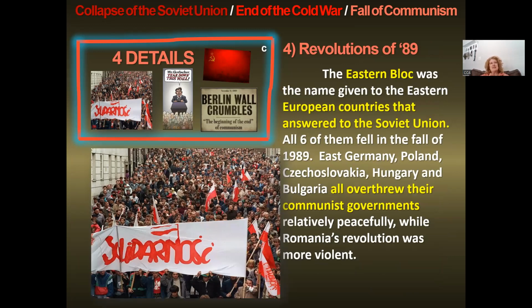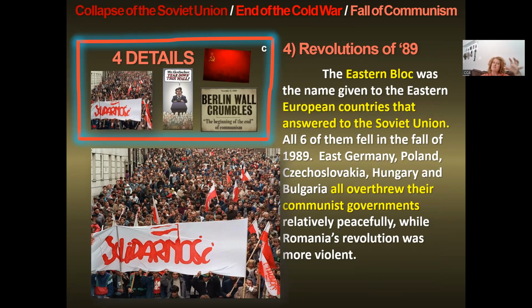And so in the late 80s, this says 89, it actually began a little bit before that, the Eastern Bloc, the name for those countries that were controlled by the Soviet Union, began to revolt and want freedom.